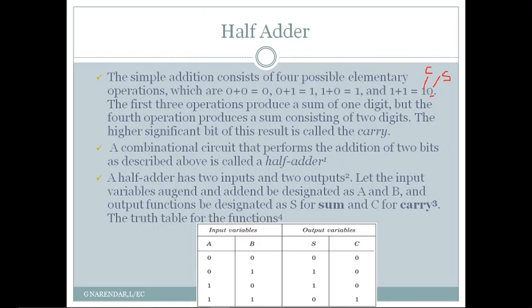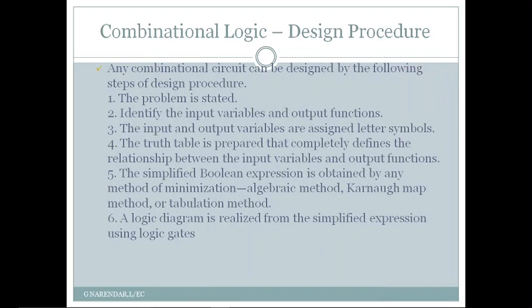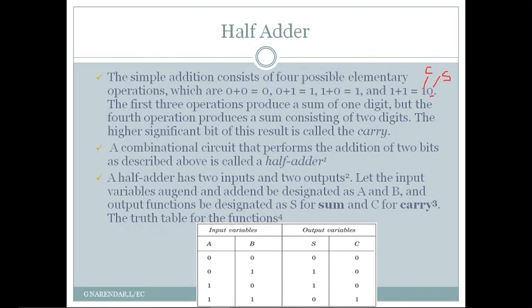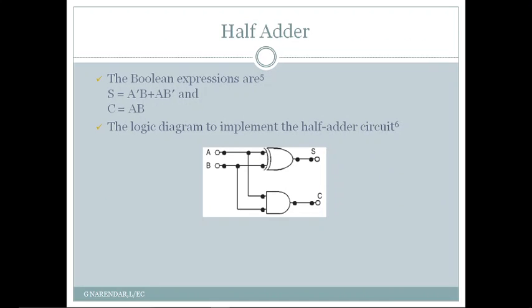The design was carried out as per the general design procedure outlined in the lecture. Finally, we designed our first combinational logic circuit, which performs a simple addition on 2 bits and produces the sum and carry outputs.